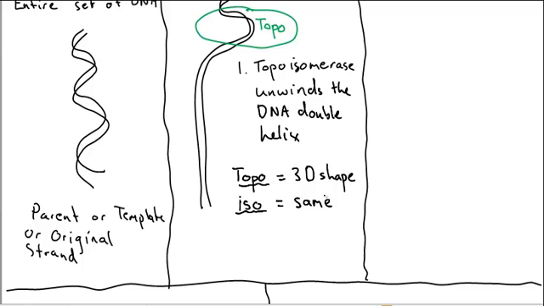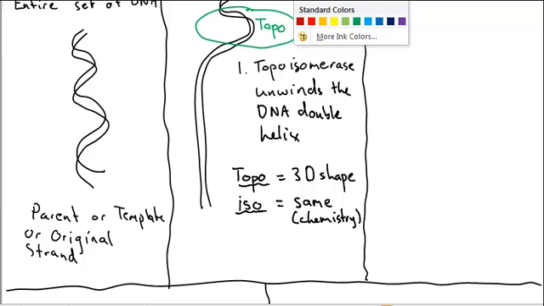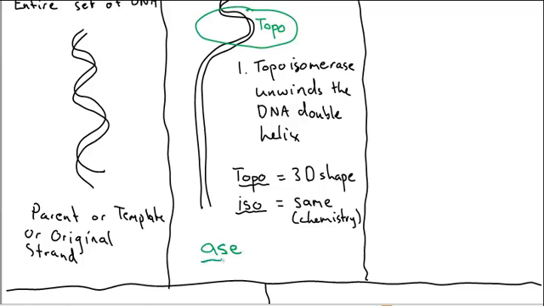So nothing's changed chemically about the DNA, it just went from being wound to unwound. Its 3D shape has changed, but its chemistry is the same. So the iso refers to the chemistry being the same. And anything that ends in ase typically indicates that it is an enzyme that helps speed up a biological reaction.